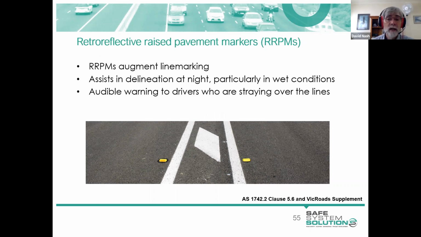And as I said before, white lines tend to lose their reflectivity in wet conditions, whereas the RRPMs are better in wet conditions because firstly the front surface is on more of an angle, so the water is going to drain off it a bit quicker than it will drain off the white lines. And it's also angled a bit more towards the driver's eyes. So the RRPMs actually perform better in the wet than the lines do. So that's one good reason for using RRPMs to reinforce the lines.